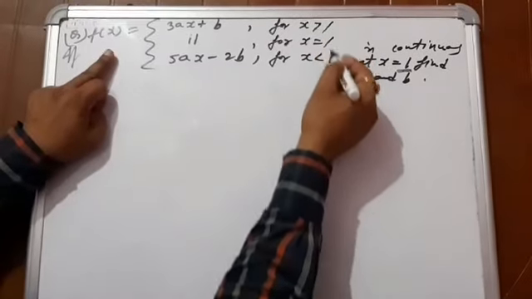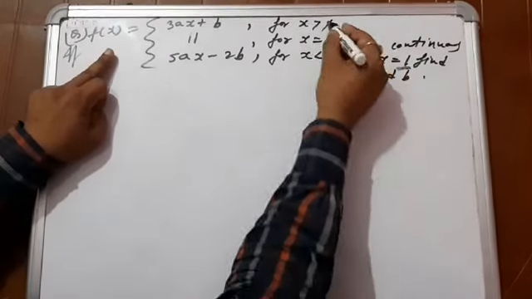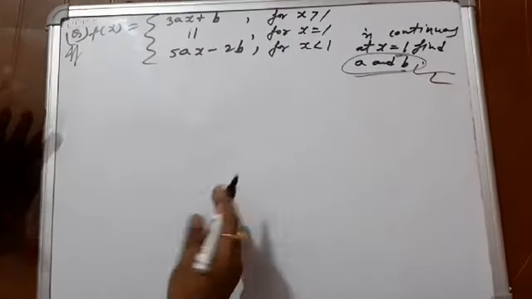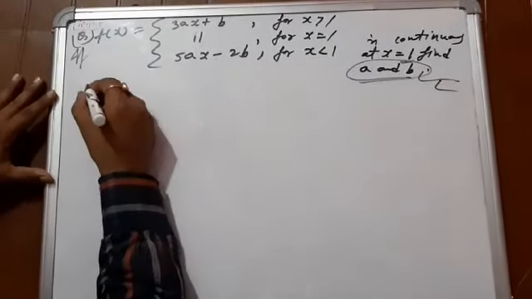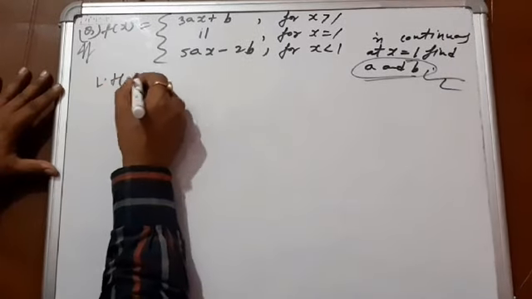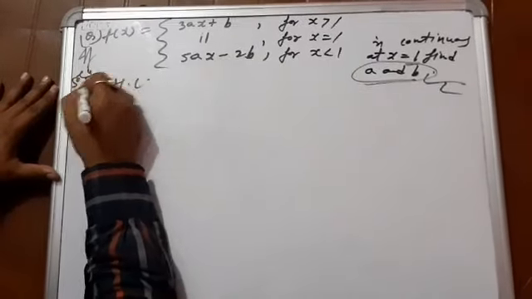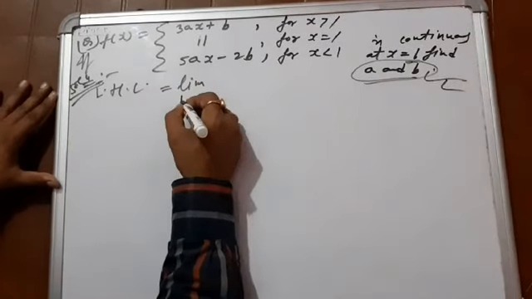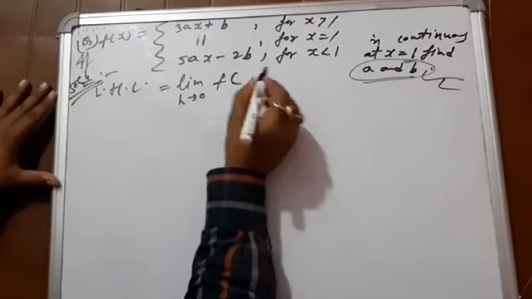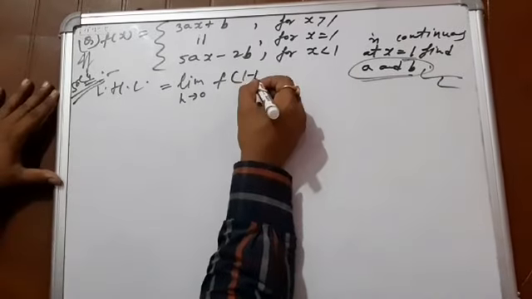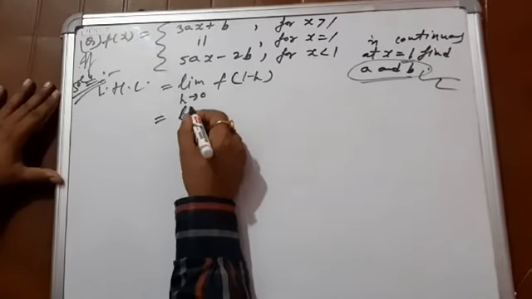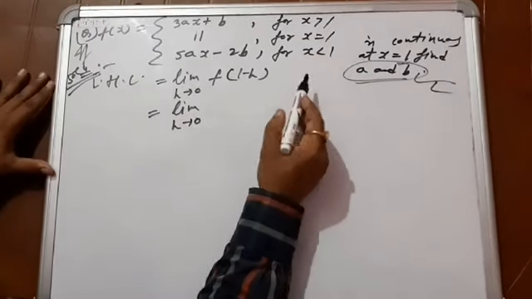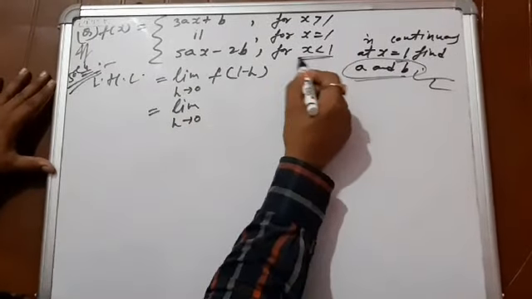Already the criteria is given here, so it is continuous at 1. Then you are going to find the two values a and b. Same process you are going to follow here. At first, in the solution portion, take LHL: limit h tends to 0, f(1 - h).